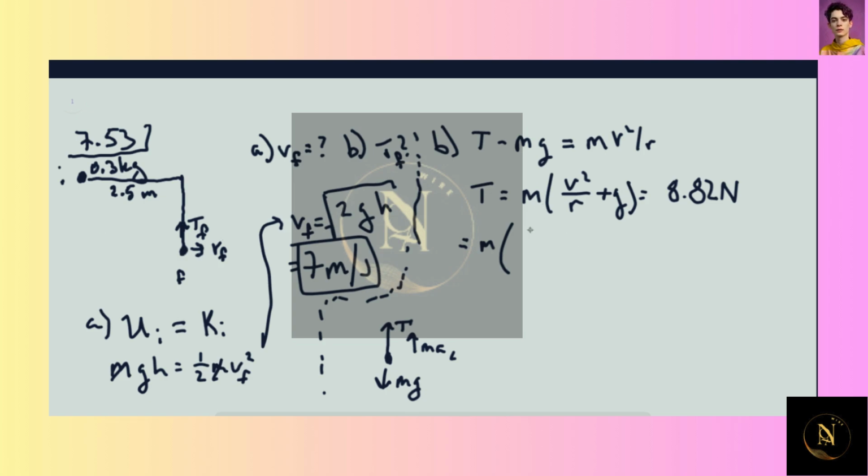So let's call that big L. This is going to be 2 g big L over L. This is the change in height, and this is the radius, plus g. This is equal to 3 mg. So the tension has to be 3 times the weight of the potato.